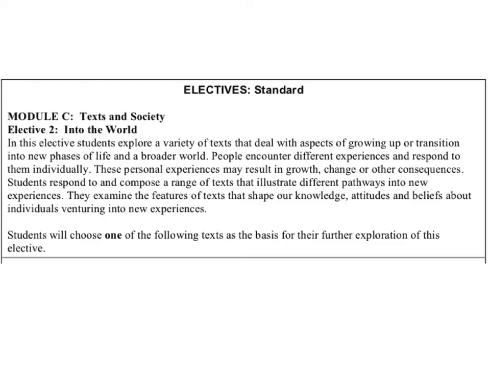So we're looking at how texts shape knowledge, attitudes, and beliefs. In this story, she's going to university, so there's the knowledge factor. Her attitude changes towards life, and her beliefs are challenged throughout the play. So this unit is very much looking at that transition and change and journey in a sense.